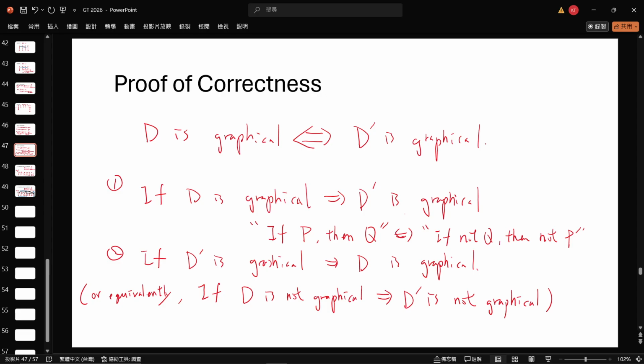So in some sense, we preserve that if the original answer is no, meaning it's impossible to create a graph to realize it, then after we simplify it, after we do a round, the new degree sequence is still not graphical, okay?